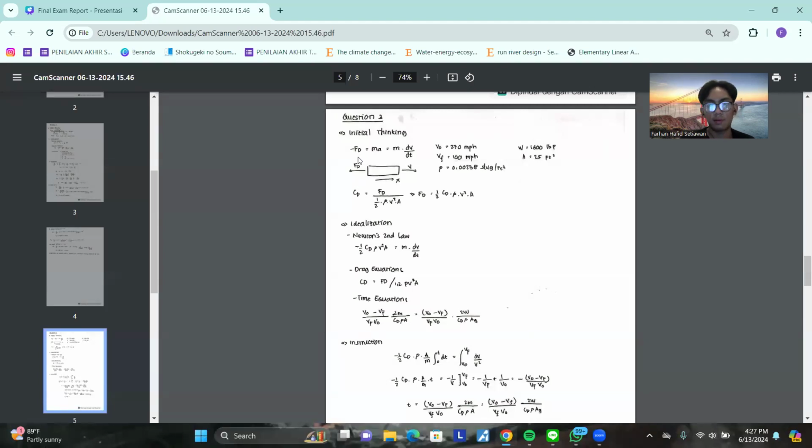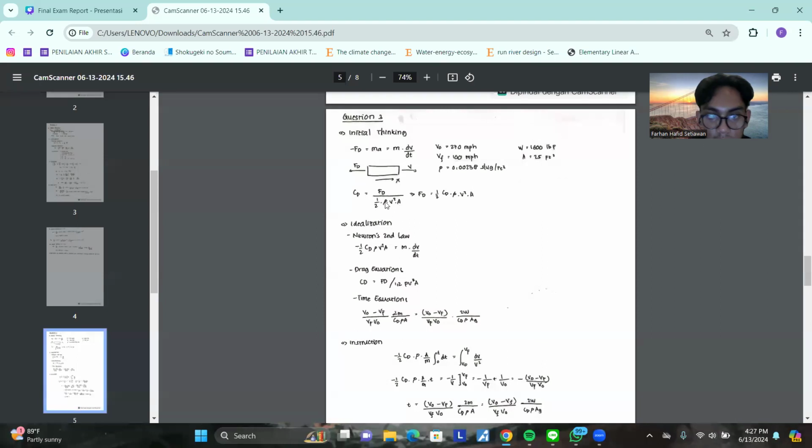So we can write this FBD. It means F_D equals m times a, from which equation we can conclude that m times dV per dt, because a itu turunan dari v kecepatan gitu.